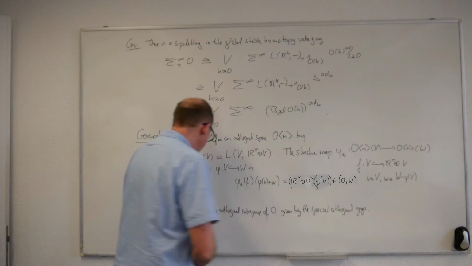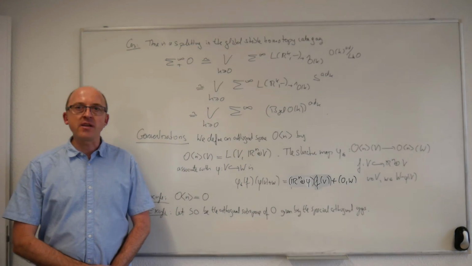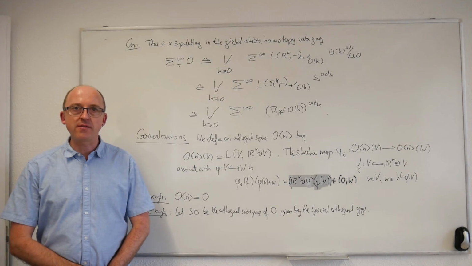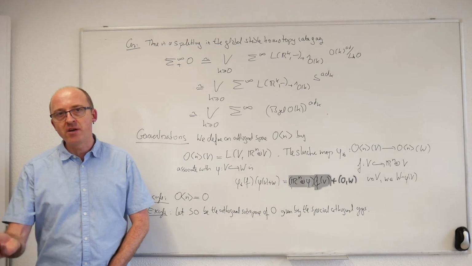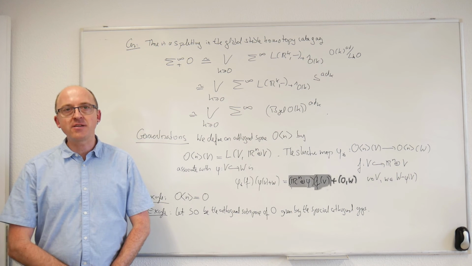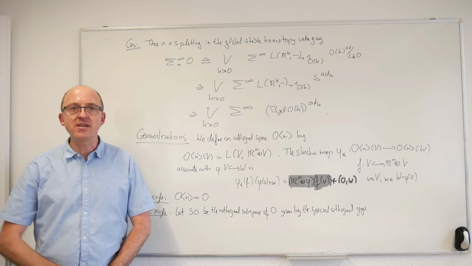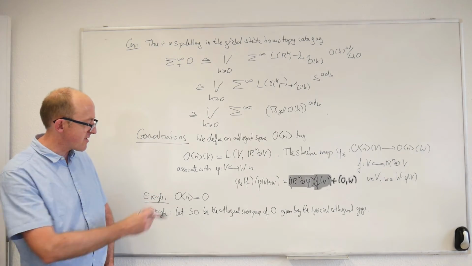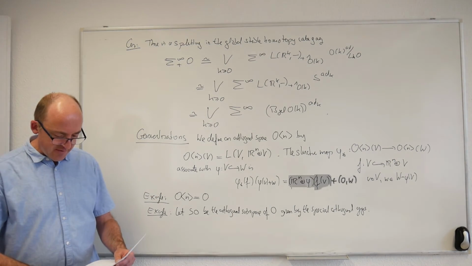Let's just pause for 1 second to convince ourselves that this is really a suborthogonal space, so it's closed under the structure maps. That's because if you have a matrix of determinant +1 and you conjugate it by anything, it still has determinant +1, and then if you add the identity, it still has determinant +1. So this is a suborthogonal space.